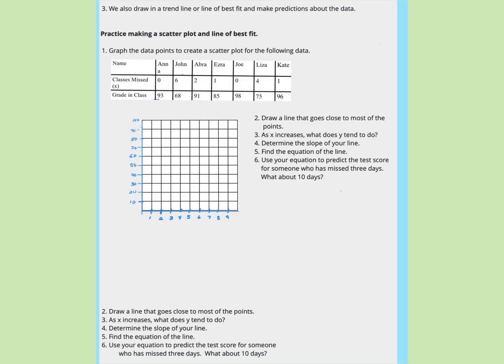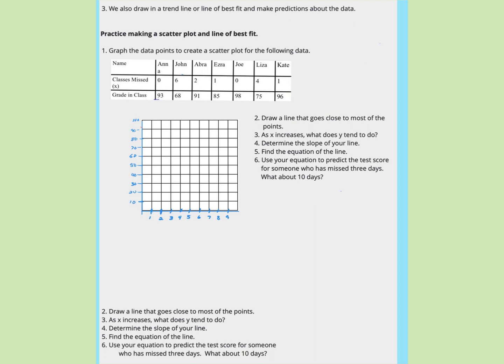So what we're going to do here is take a look at this scatter plot, decide, once we plot these points, what type of trend we think we have, and then come up with our line of best fit. Take a moment to graph these data values on the axes I have here.